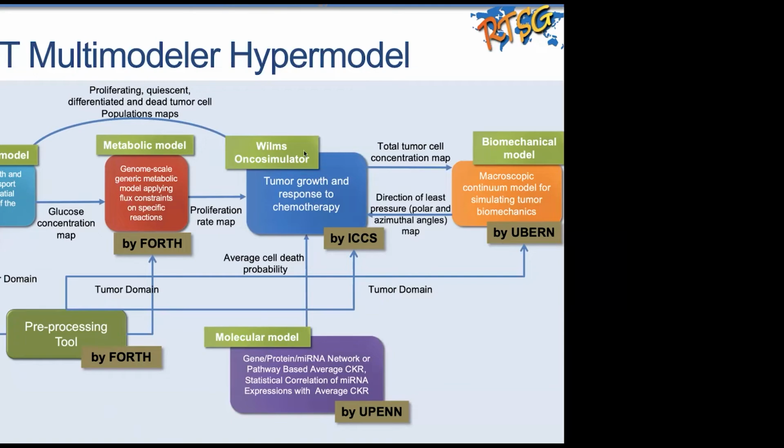We have the oncosimulator, which is primarily looking into the growth and response to chemotherapy. We have a biomechanical model. We have a pre-processing tool for specific data. And we have the molecular model, which is looking into the microRNAs and other genetic data from the blood.